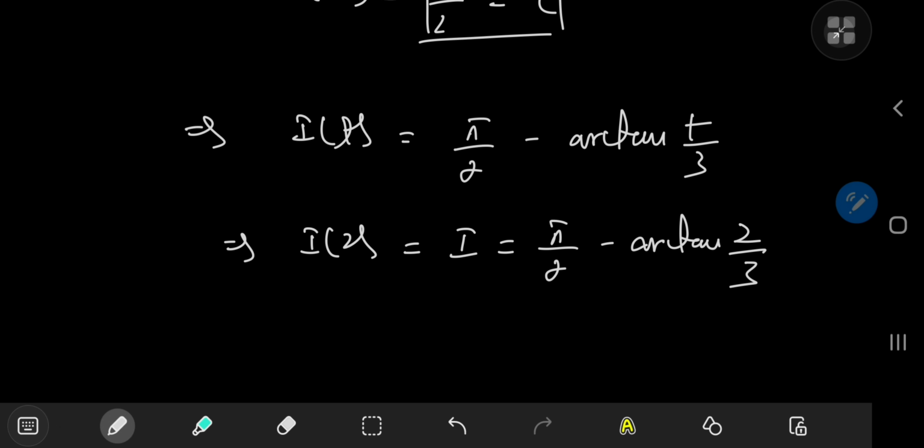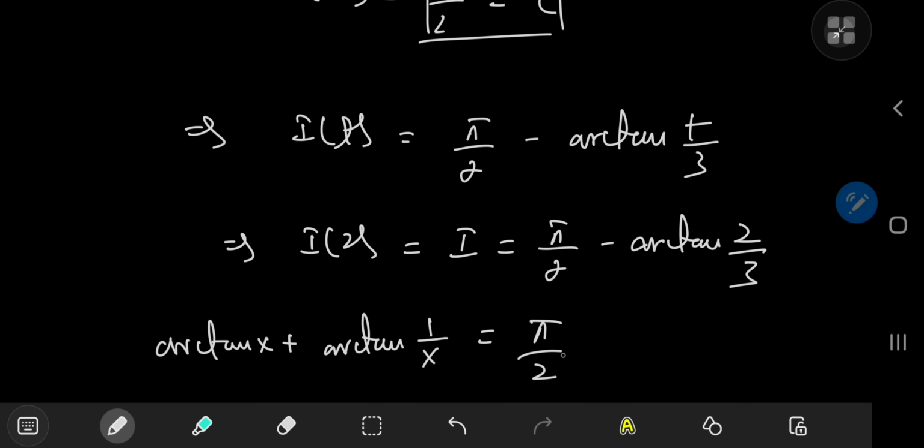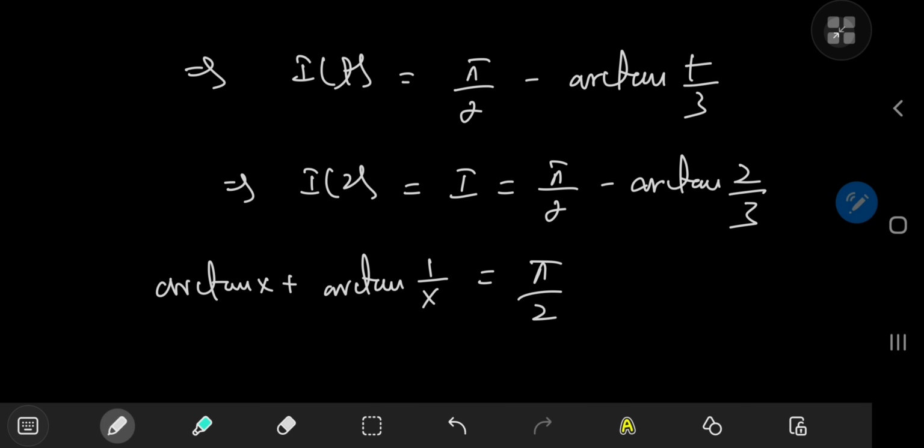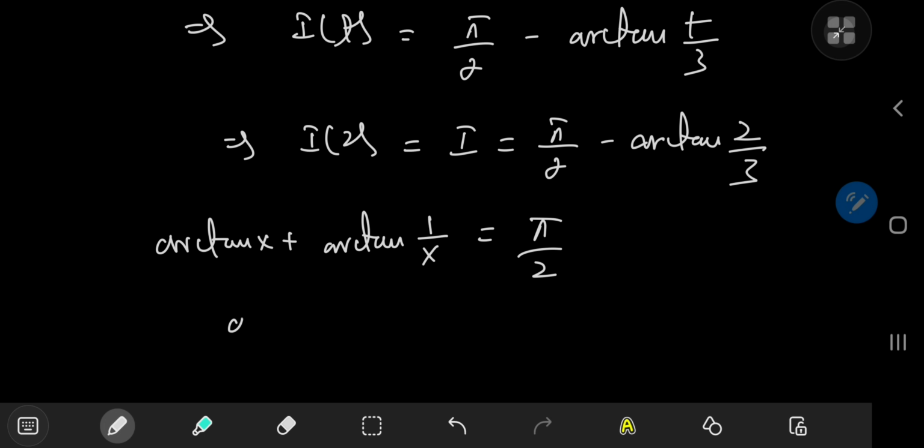And using a nice property of the inverse tangent function, where the inverse tangent of x plus the inverse tangent of the reciprocal of x equals pi by 2, provided that x is positive, we can write the inverse tangent of 1 by x as pi by 2 minus the inverse tangent of x.